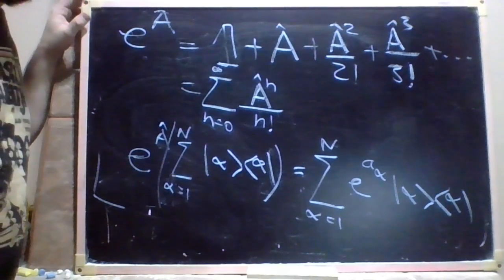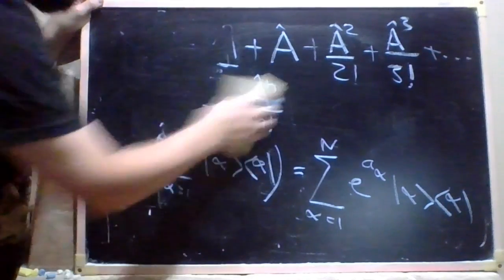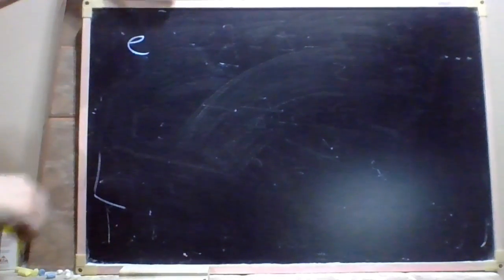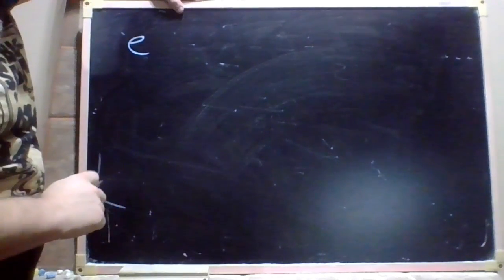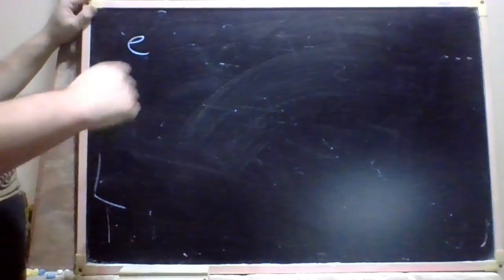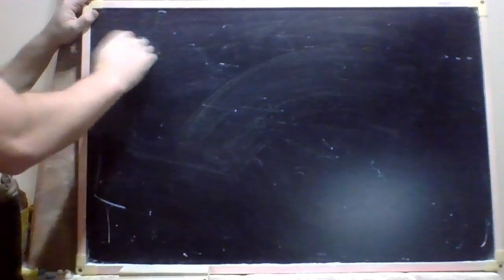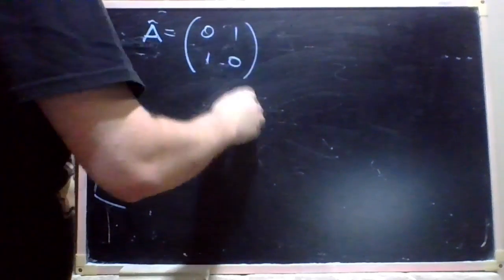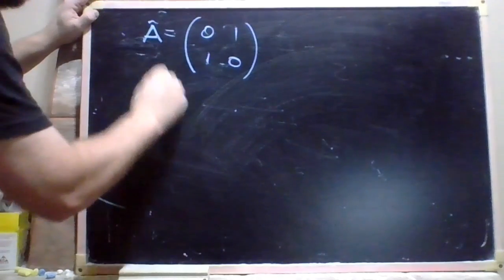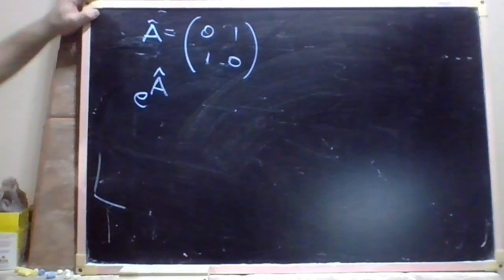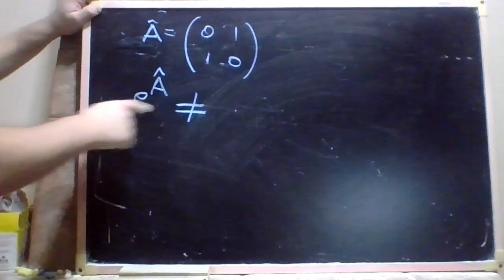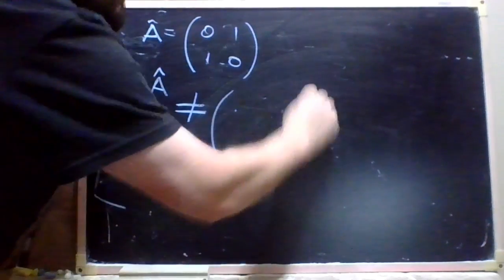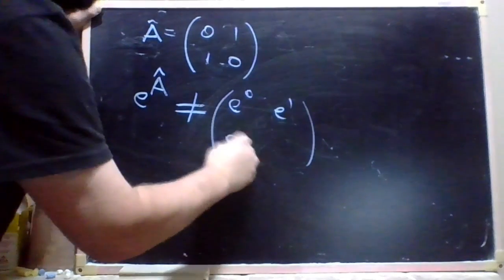Okay, when you use computers to calculate things, many would exponentiate each of the entries of the matrix. It's different. Okay, if you have a matrix, for instance, consider a matrix A equal to 0, 1, 1, 0, and you want to exponentiate the matrix. The exponential of this matrix is different from taking e to 0, e to 1, e to 1, e to 0.